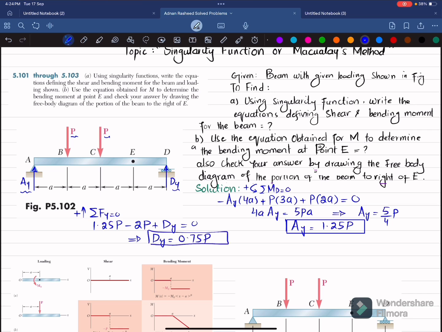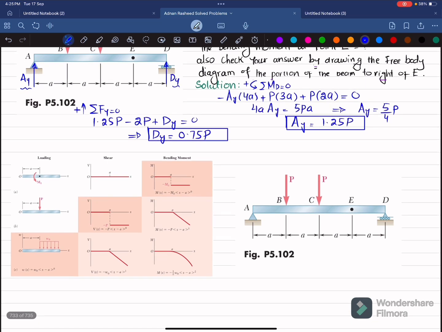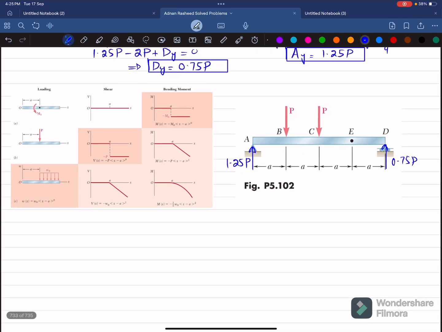Now you have these reaction forces, so we will use singularity functions in order to determine the shear and bending moment equations. So let's define it. Here we have this reaction force which is 1.25 P, and this reaction force was 0.75 P. Okay, so let's proceed further and determine the shear force equation, V of x.